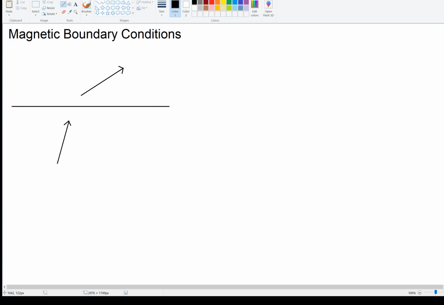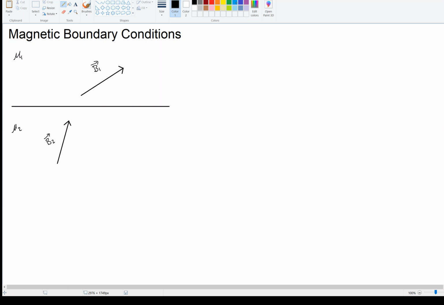I've just drawn it straight, and we'll call this material 1 up here, with relative permeability mu1, and material 2 down here, with relative permeability mu2. I've got a B field coming in material 2 and leaving material 1. Call those B2 and B1 respectively.